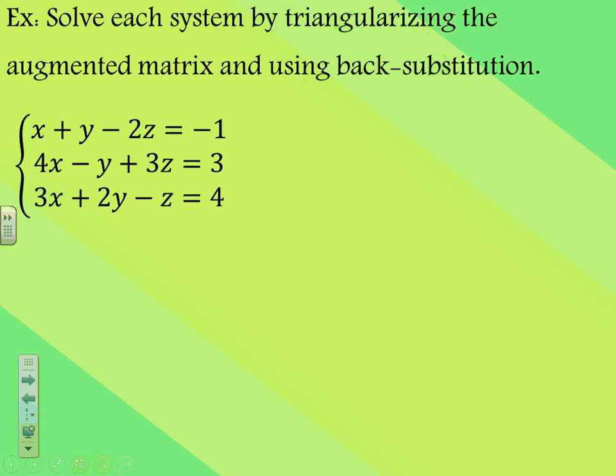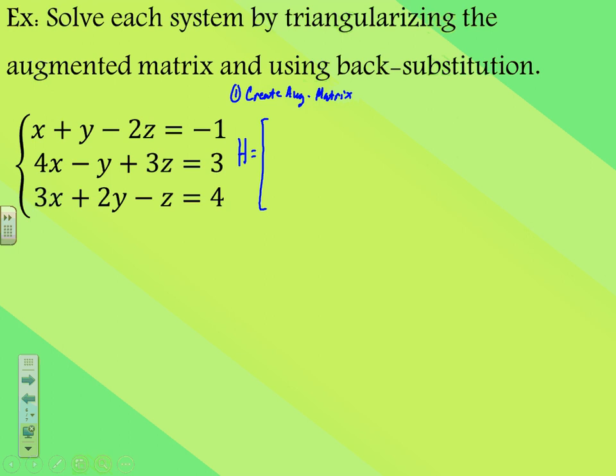So now, final thing here, the last example, I'm going to go through this one a little bit quicker. So first thing I'm going to do is create my augmented matrix, and I'm going to go ahead and call this one matrix H. Again, really because there's just a difference between the capital and the lowercase letters.